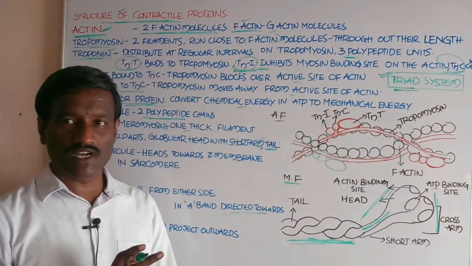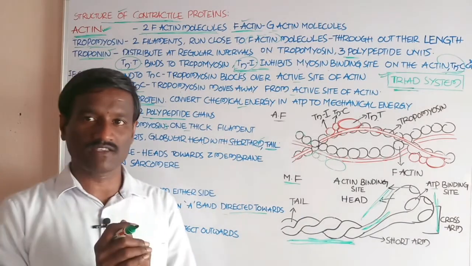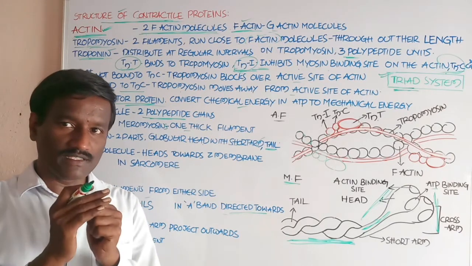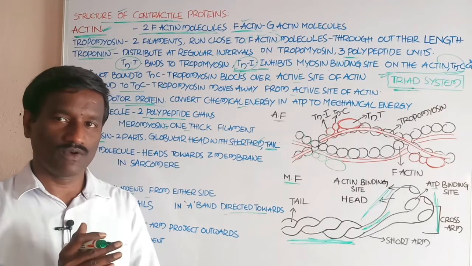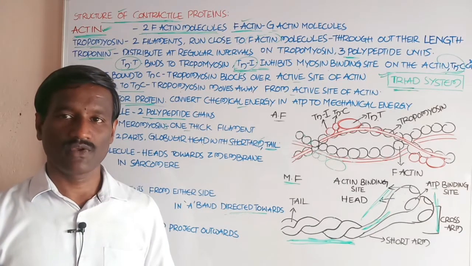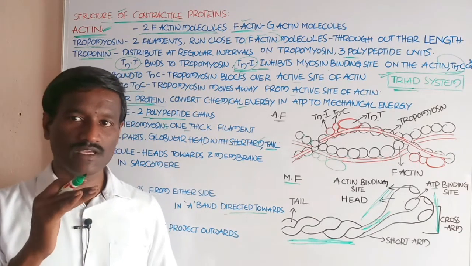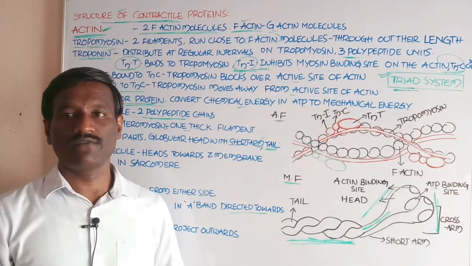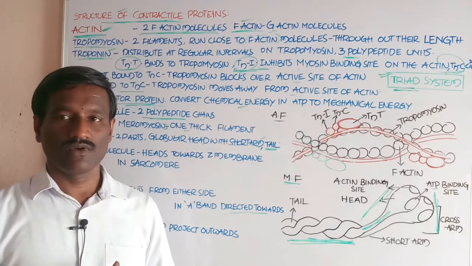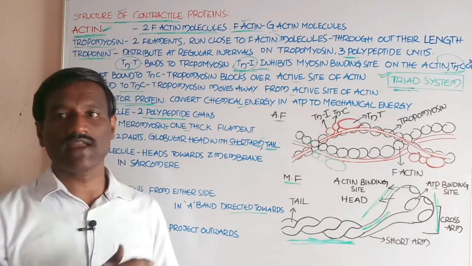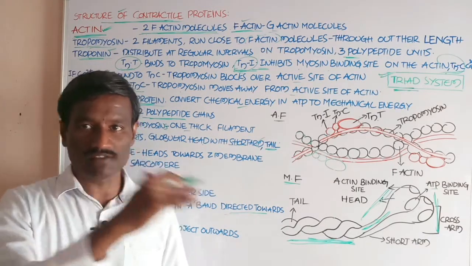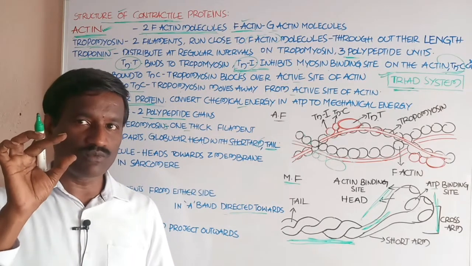Now, what about the triad system? The triad system is a complex structure present in the muscle fiber, formed with the T-tubule and the cisterna of the sarcoplasmic reticulum. The sarcolemma of the muscle fiber goes inwards into the sarcoplasm and forms the T-tubules.